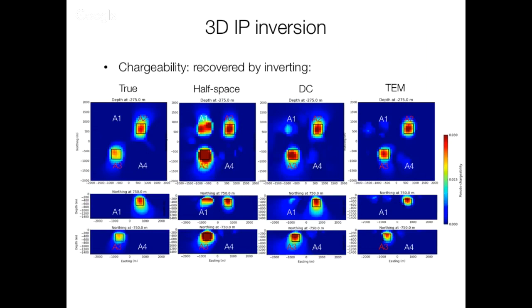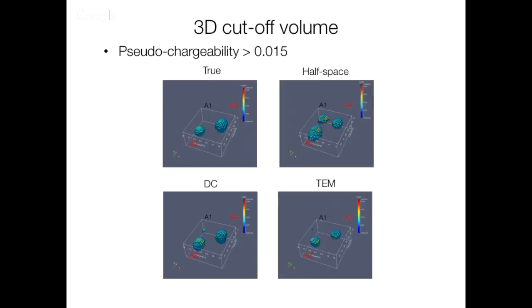We get something like this, with a great big false positive here. DC has got rid of most of that, and the EM has done a little bit better. Both of these are actually not bad from the point of view of the IP inversion. I think we could argue that the TEM in this case has come out a little bit better.